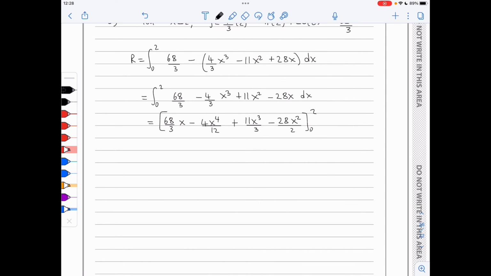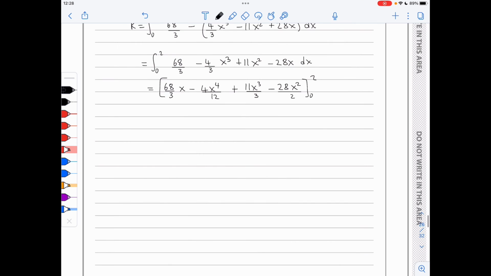There are some simplifications I could carry out, so it's 68 over 3 x minus x to the power of 4 over 3 plus 11x cubed over 3 minus 14x squared, with the limits being 0 and 2.